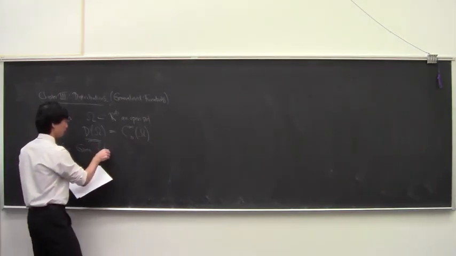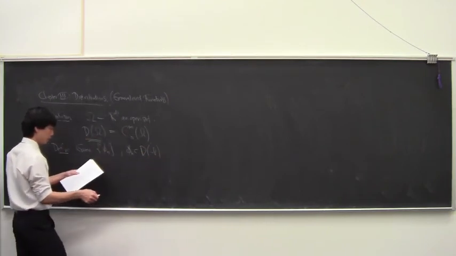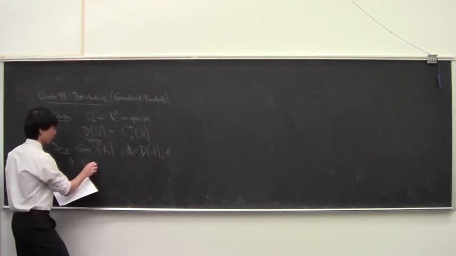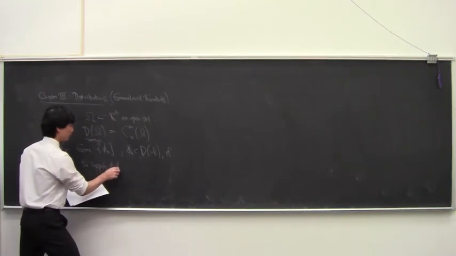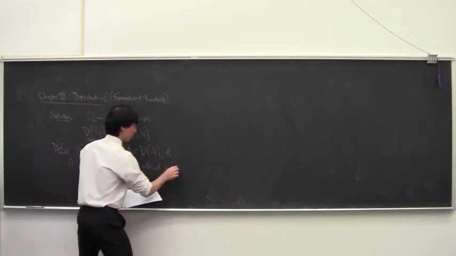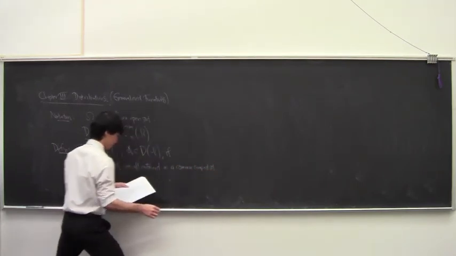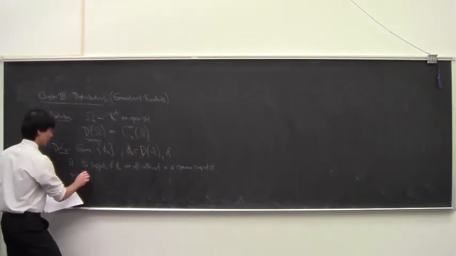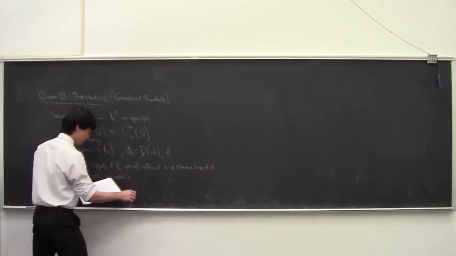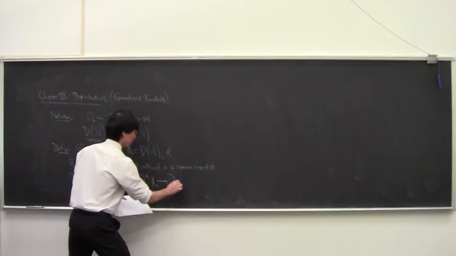Given a sequence phi sub n in D, if one, the supports of the phi sub n are all contained in a common compact set, and two, for each multi-index alpha, d sub x alpha phi sub n converges to d sub x alpha phi.